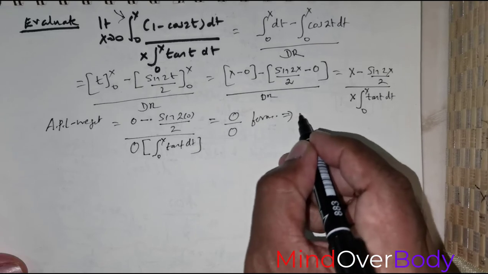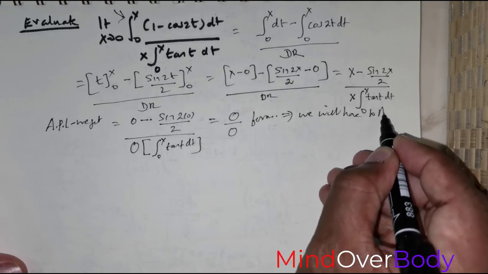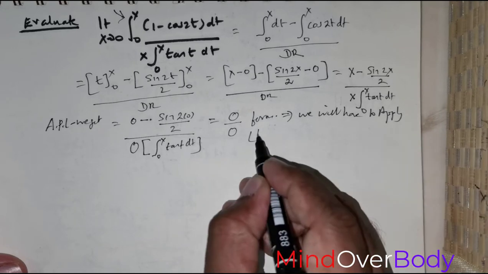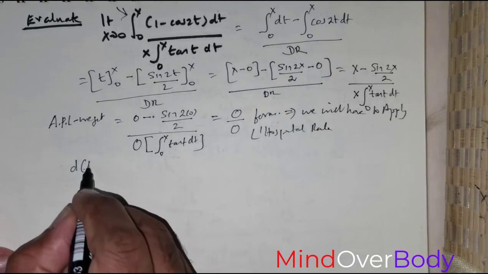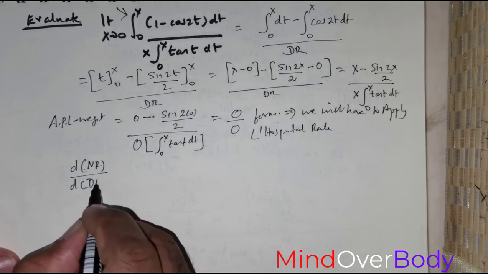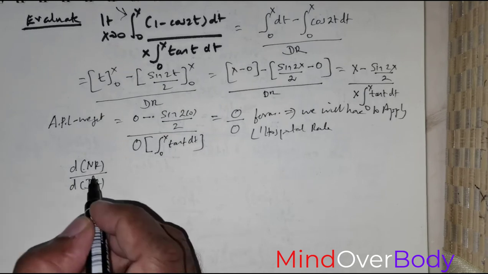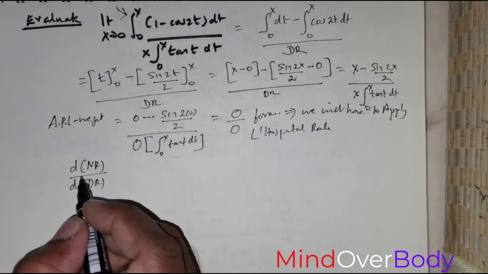So this would mean we will have to apply L'Hopital rule, right? Differentiation of the numerator divided by differentiation of the denominator, right? This is L'Hopital rule. Now these differentiations are done exclusively.